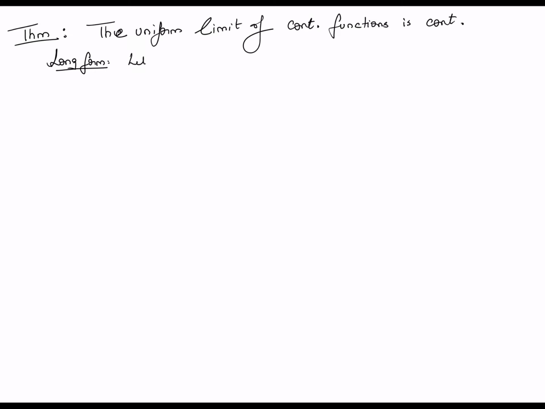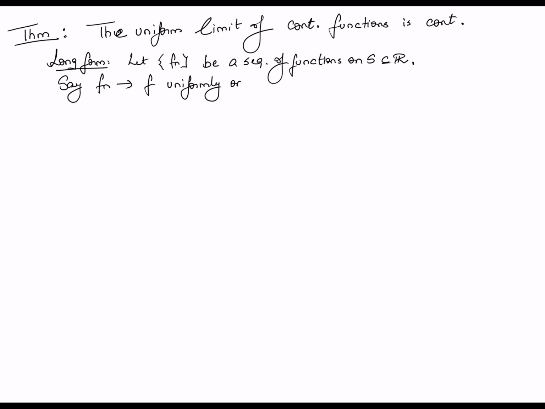Let Fn be a sequence of functions on S, which is a subset of R, and say Fn converges to F uniformly on S. Now if each Fn is continuous, then F is continuous.